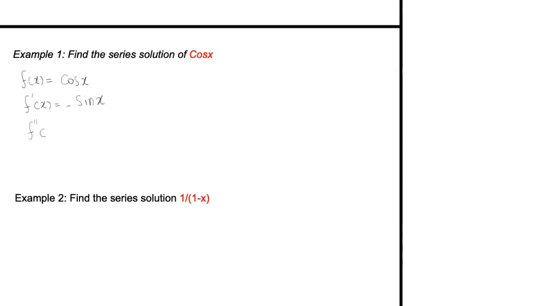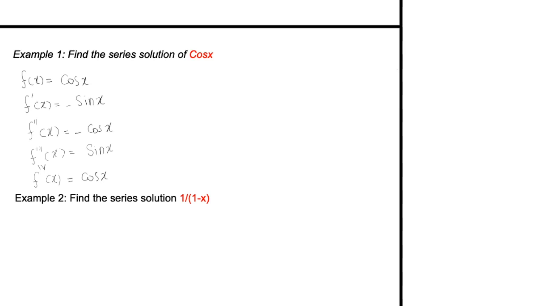The second derivative of this cos function will be minus cos of x. The third derivative, of minus cos of x, will be plus sine of x. Similarly, the fourth derivative of the function will be cos of x.